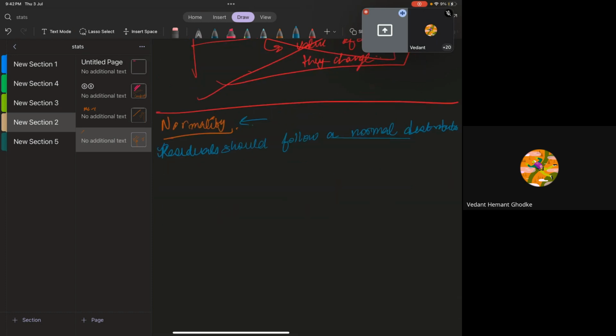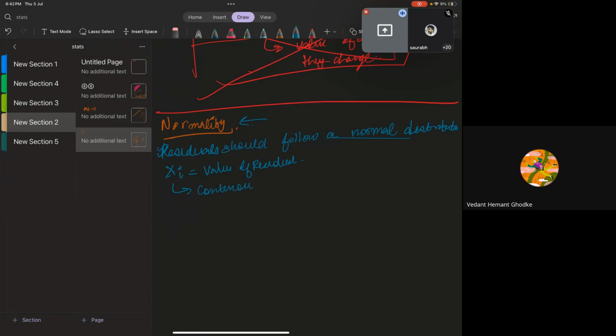What does that mean? It means if I plot, my random variable is the value of residual, and this random variable would be what? Continuous.